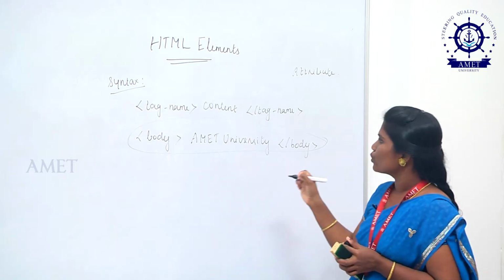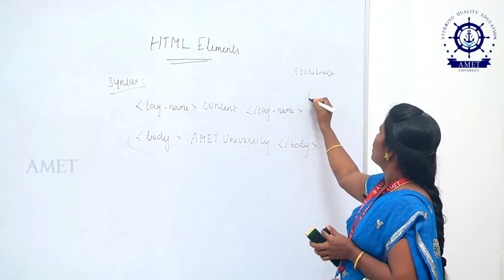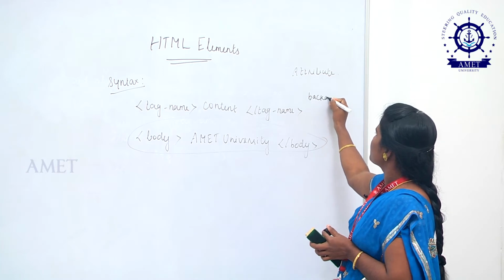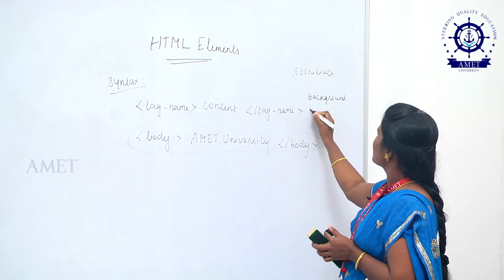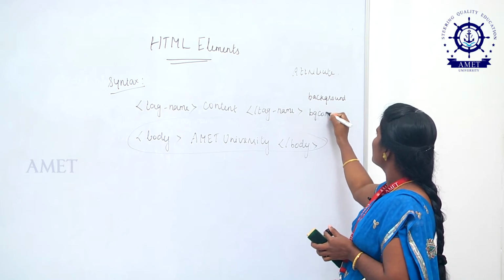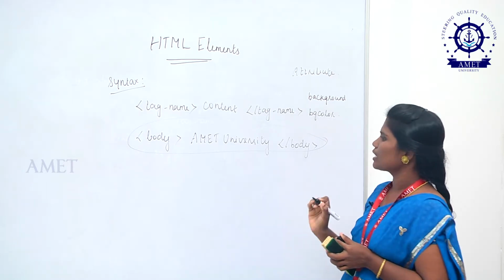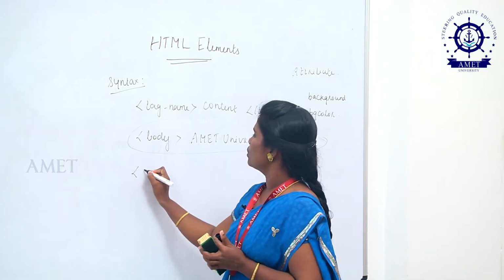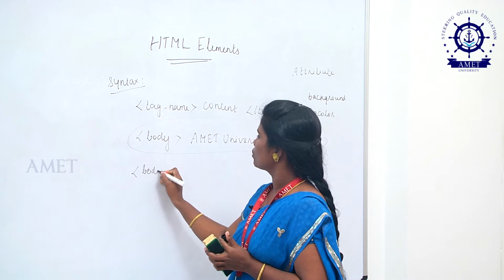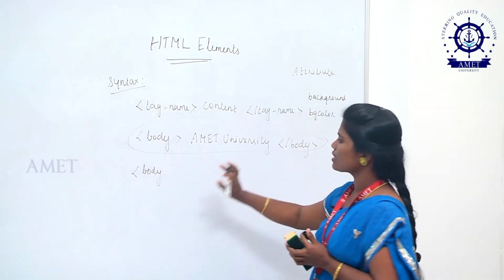I am going to use the attribute background color, BG color. Where do we have to specify the attribute? Inside the open tag.